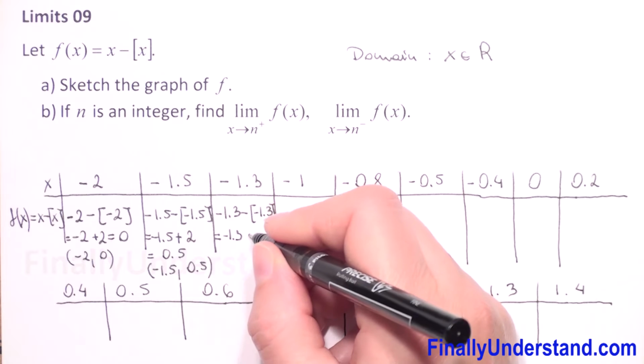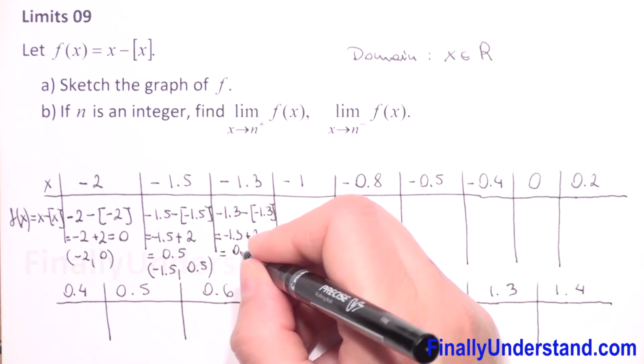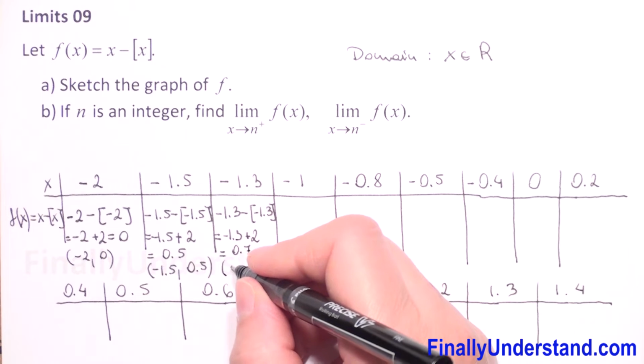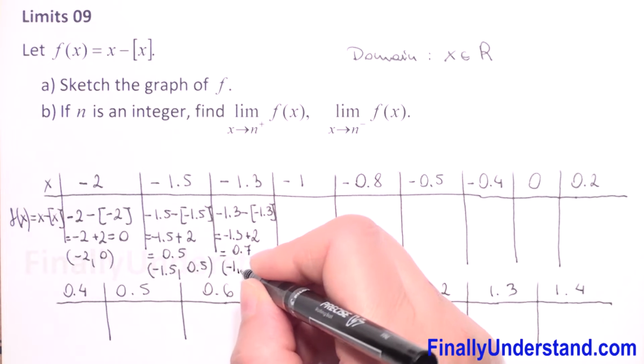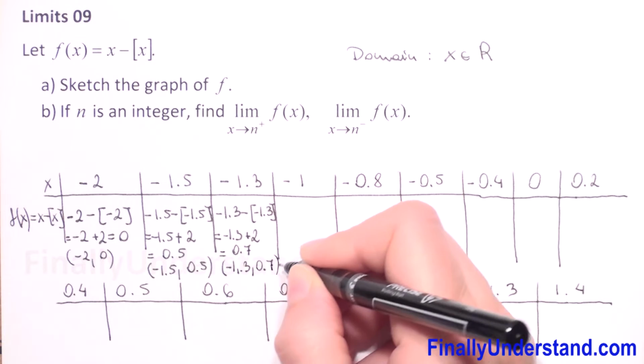So negative and negative give us positive. So this is equal to 0.7. So the next point will have first coordinate negative 1.3 and the second 0.7.